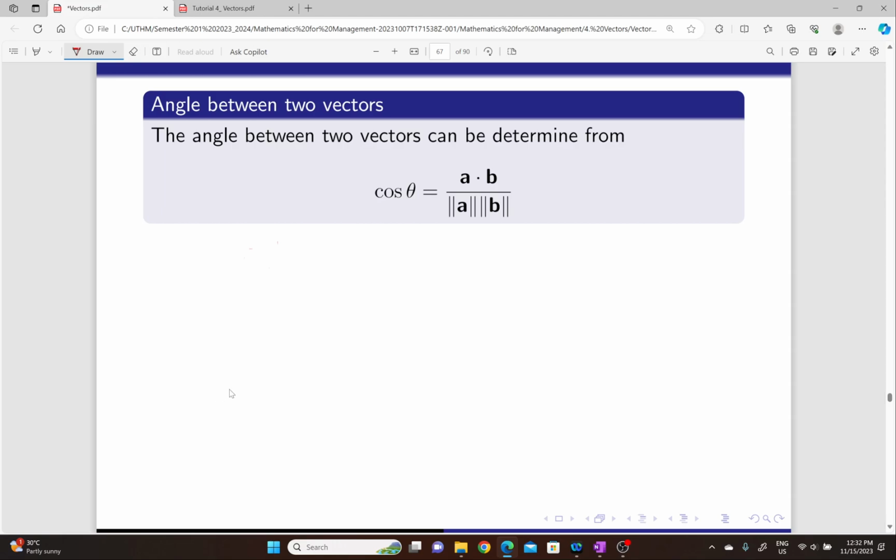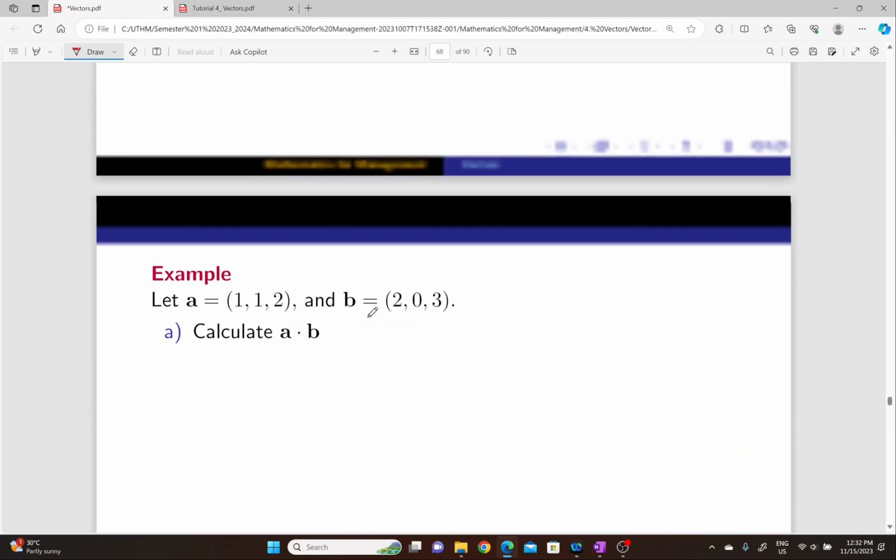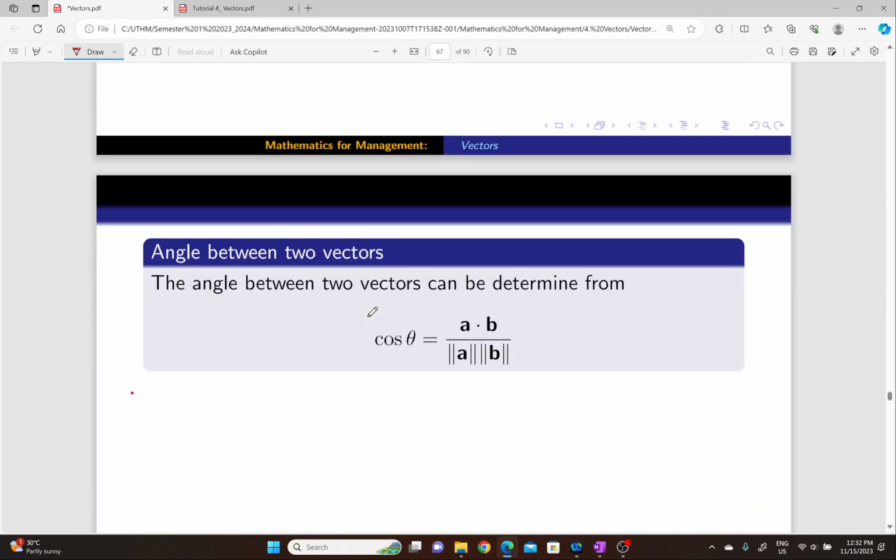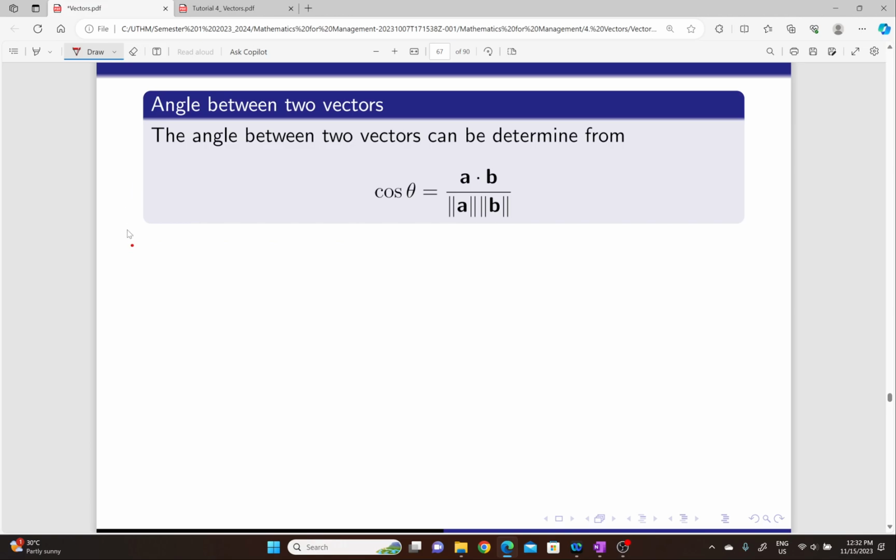For example, before I go through, I didn't give an example here. The example is after that, but before that, I can show you something here. Let's say A is 1, 1, 1 and B is 2, 2, 2.